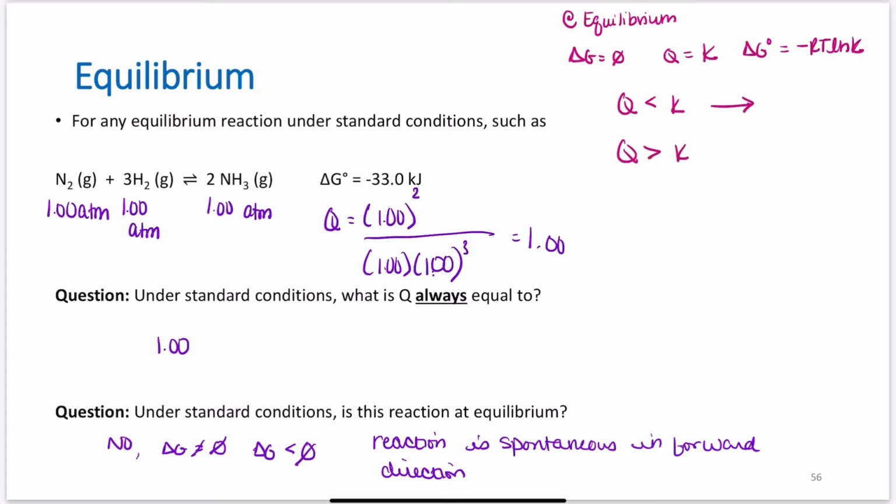If Q is greater than K, the reaction is going to proceed in the reverse direction. If Q is equal to K, we have an equilibrium.